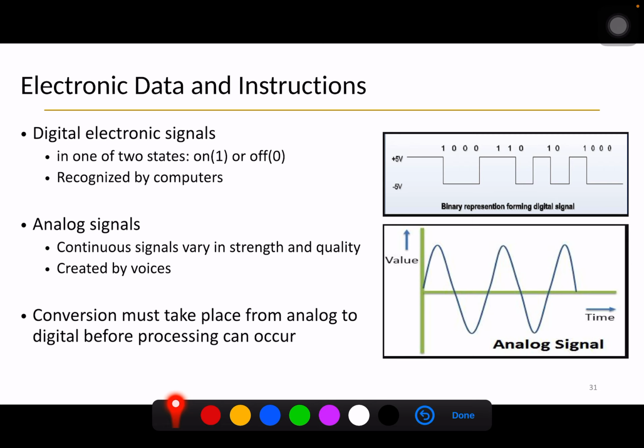Conversion must take place from analog to digital before processing can occur. Any analog signal must be sampled into a digital signal first before it can be processed and stored in the computer.